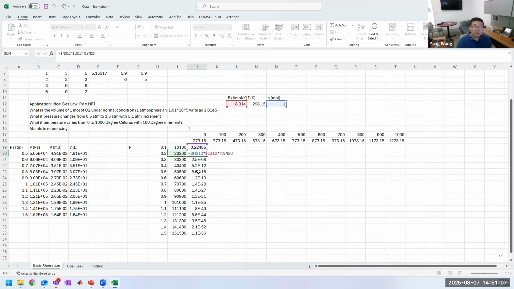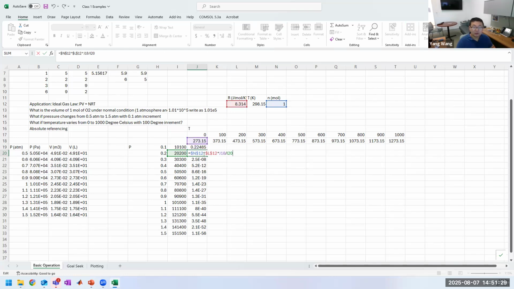It's using the same set of values here. Let's see. Oh, here we have to use the same temperature.